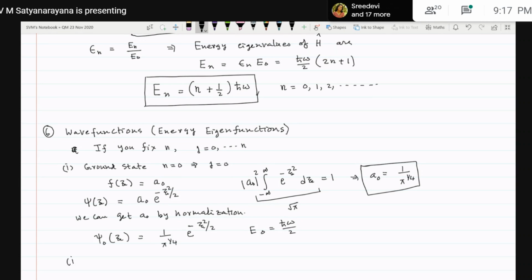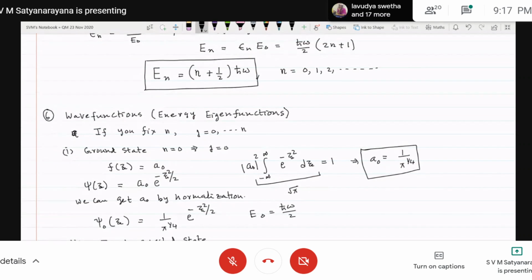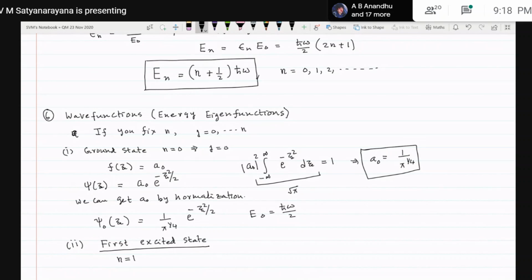Now let's look at the first excited state. The first excited state corresponds to n is equal to 1. Now, if n is equal to 1, there is no relation between 0 and 1, correct? Because there is a relation between 0, 2, 4 like that, and 1, 3, 5 like that.